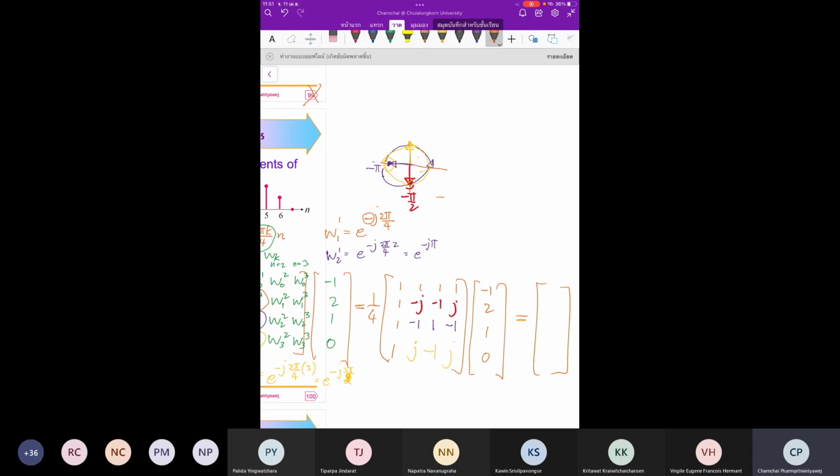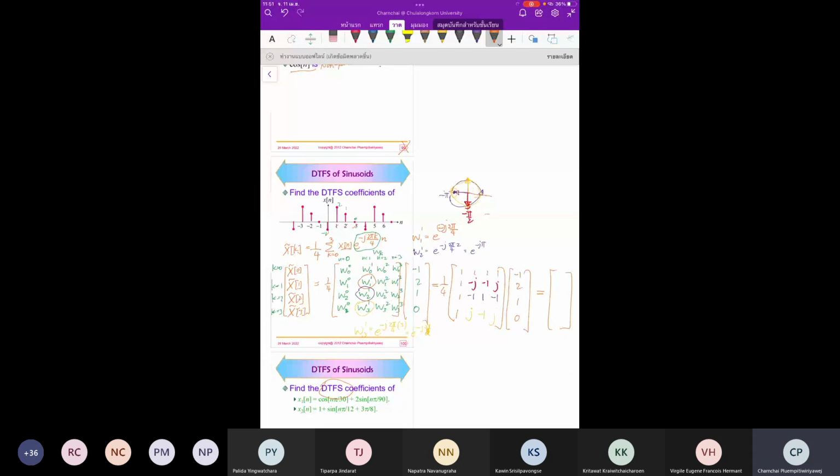Okay, any questions? Okay, for the DTFS and DFT, it's mostly about calculators. You need a good calculator to calculate the summation, or maybe you need to know how to multiply matrices. Okay, it's just summation. You don't need to do any integration.